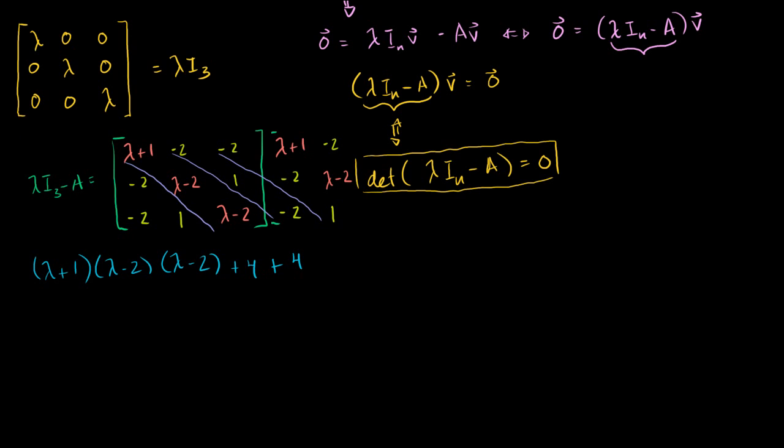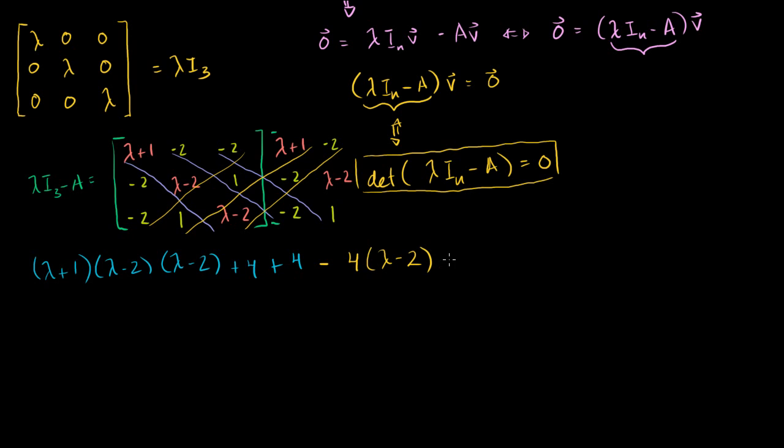And then we do minus this diagonal. So we say minus, you see, minus 2 times minus 2, which is 4, times lambda minus 2, lambda minus 2. That was this diagonal.